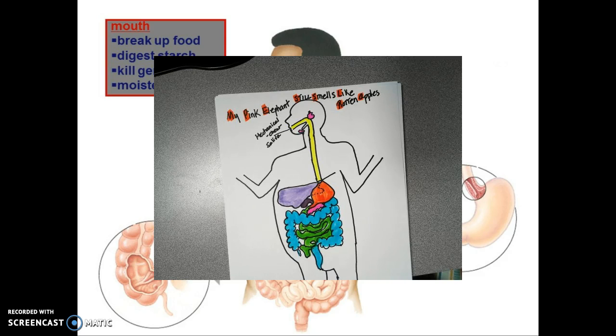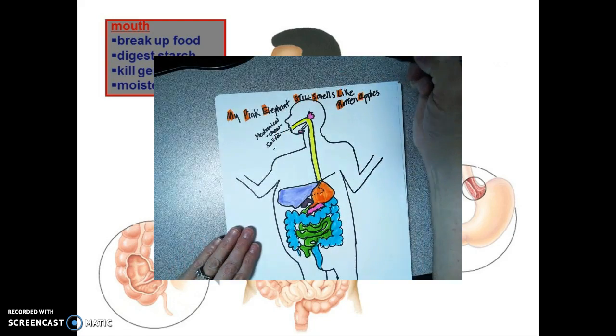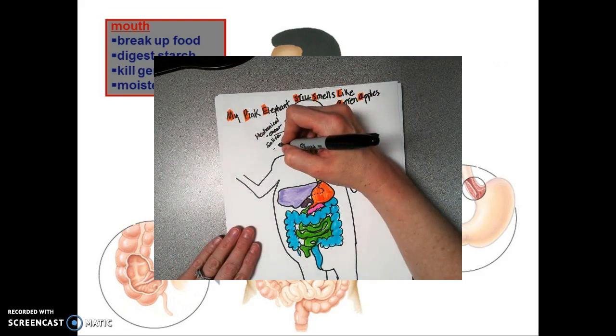You have them there, and you have them on the floor of your mouth as well. So you've got a bunch of different salivary glands, and they produce an enzyme called amylase.